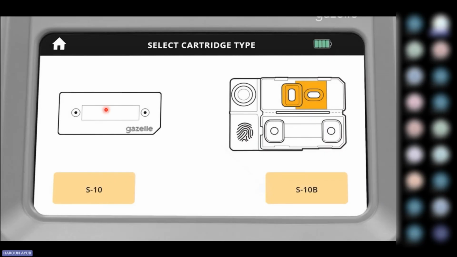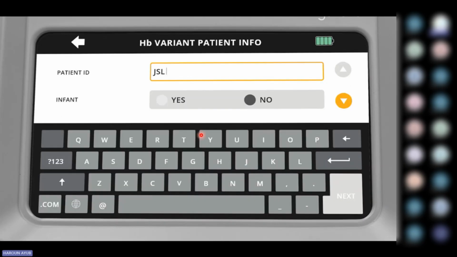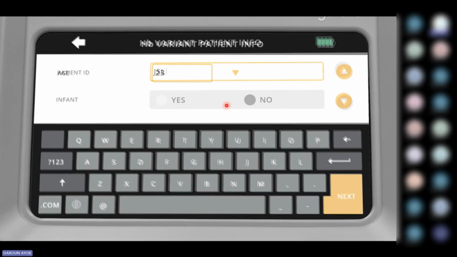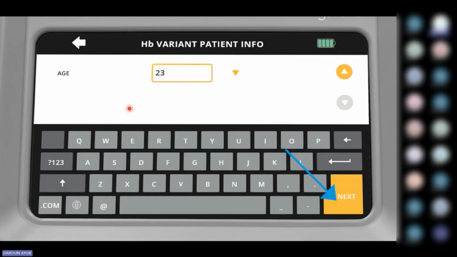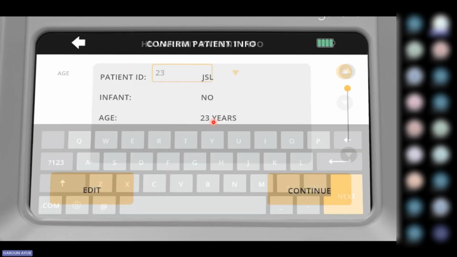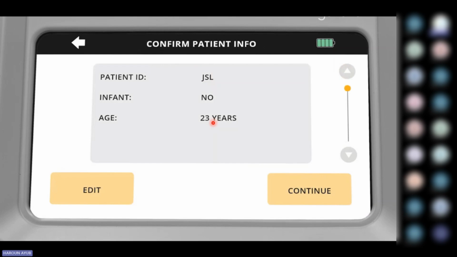Remember, the first procedure was for the S10 kits, then the second procedure is for the S10B. The machine will ask you if the patient is an infant or not. This is important because we need to differentiate whether the HbF present in the patient's results is because of fetal hemoglobin or because of other conditions.